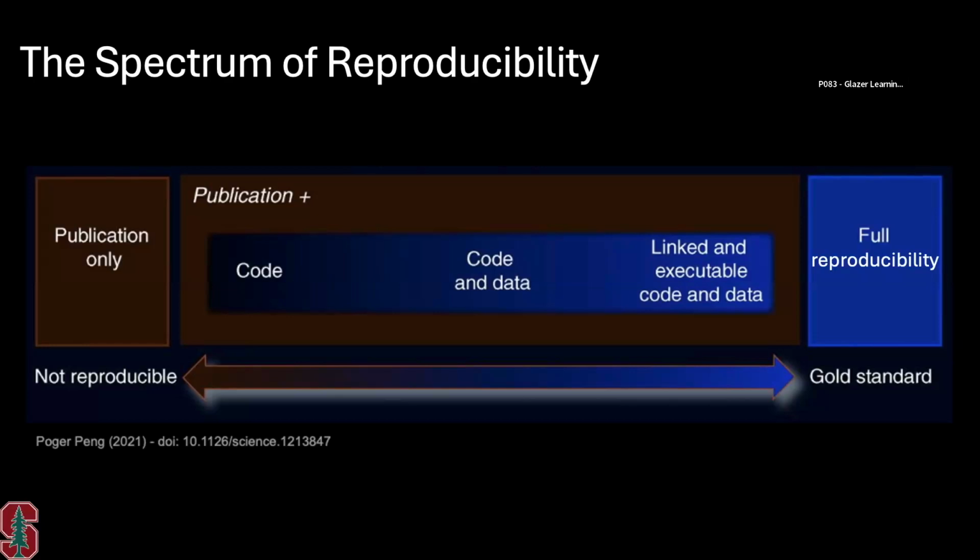Sorry, I just have a quick clarification back to the previous comment that Dan was making. Is it possible that your idea of linked and executable code is too strong of a condition? Because to me, if I read a paper and they say they did a Mann-Whitney test, and I have my own code to run the exact same test, that is reproducibility, and I care whether or not that works.